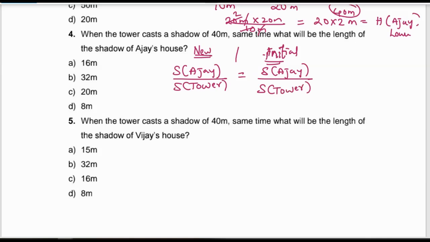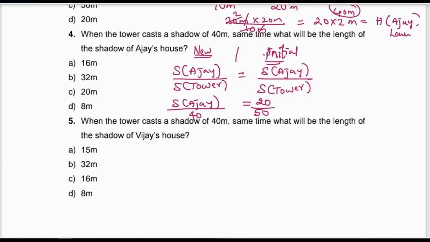So we want to find the shadow of Ajay according to the question. Shadow of Ajay we should find, divided by shadow of tower was how much? It was 40 we got. Now previously we got 40 meters. So 40 divided by shadow of Ajay in the beginning was 20, then shadow of tower was 50.